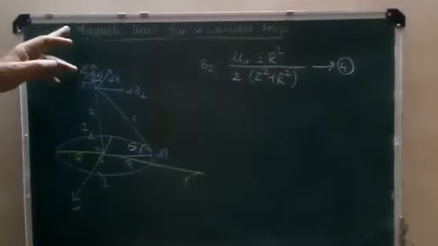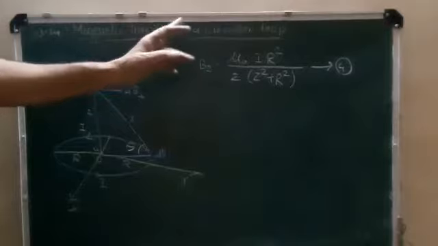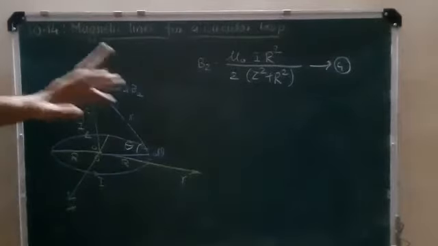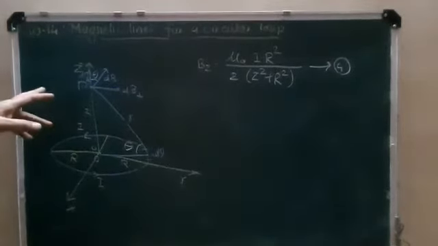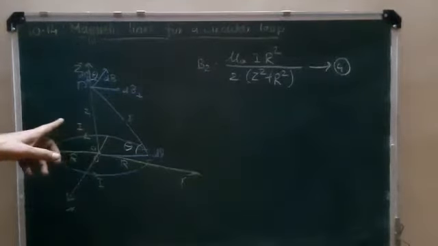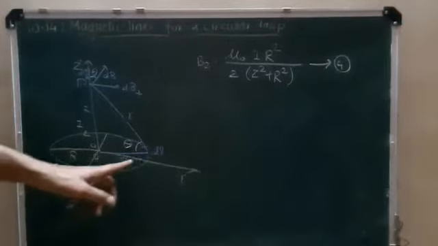Now we have to take the next point, magnetic lines of force for a circular loop. Here, in a previous topic, we discussed the magnitude of this magnetic field, if I is the current flowing through them and R is the radius of this circular loop.